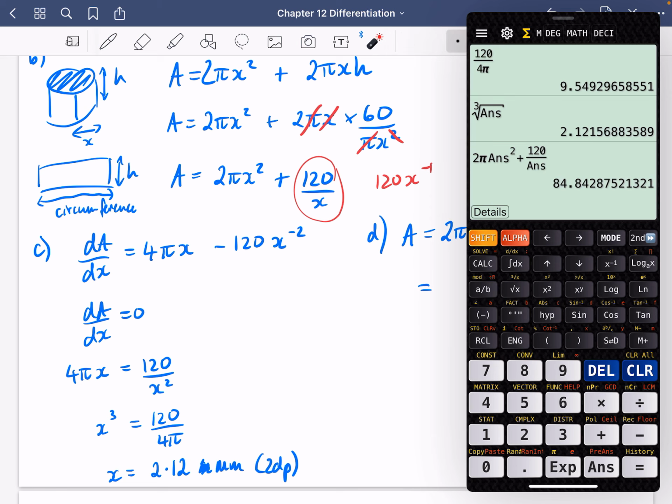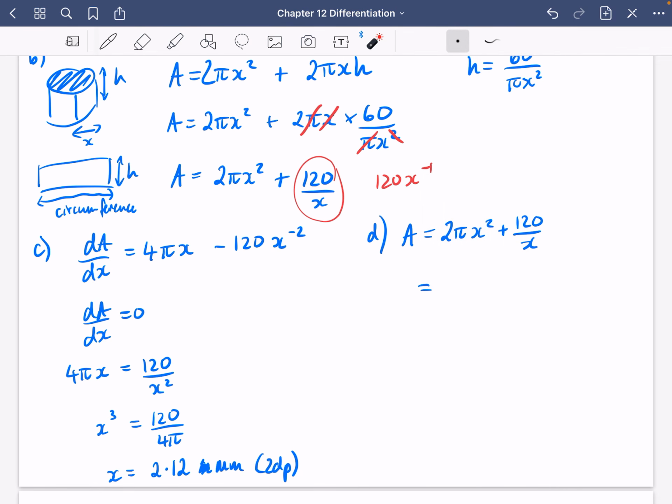You can see how I'm just copying out the formula for the area here and just replacing x with the answer. And we get 84.84, but it wanted it to the nearest integer, so it is 85 millimeters, and because it's area, it's squared, and this is to the nearest integer.